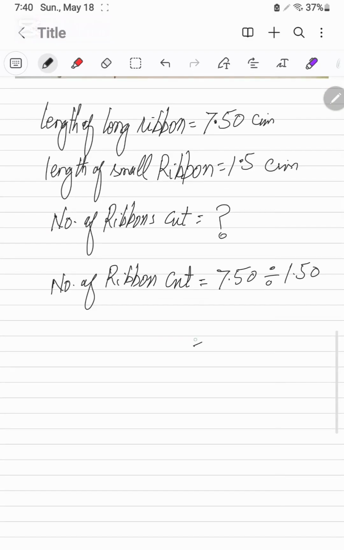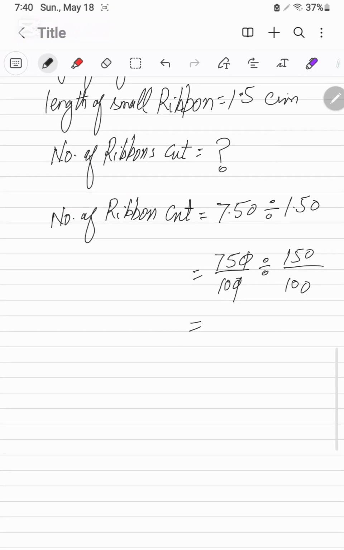Now we will simply convert. 750 over 100 divided by 150 over 100. 750, we will cancel out this one.